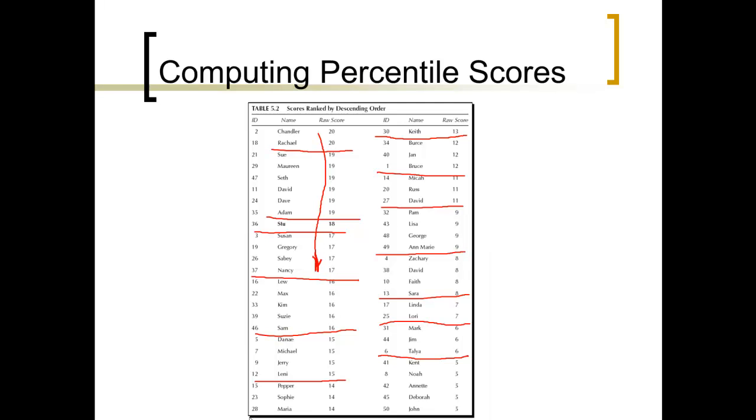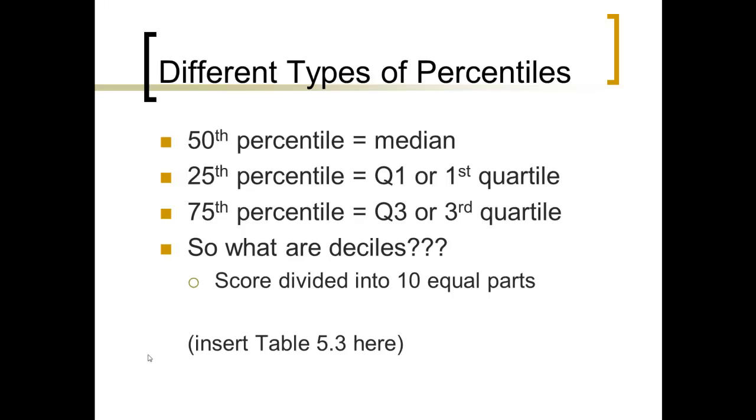Now, we have some different percentiles. The 50th percentile is the middle or median score. So we've got 50 scores.